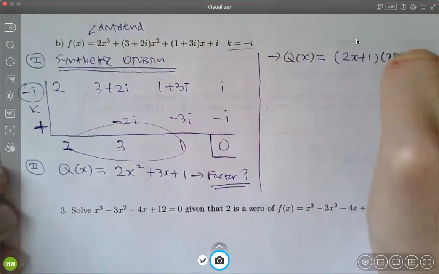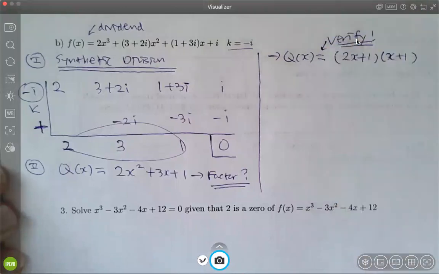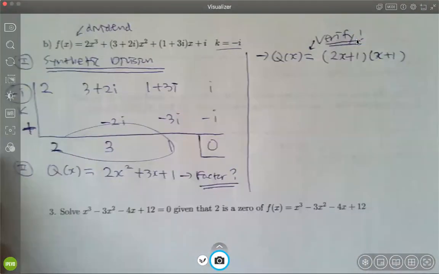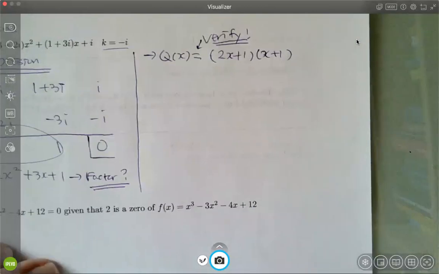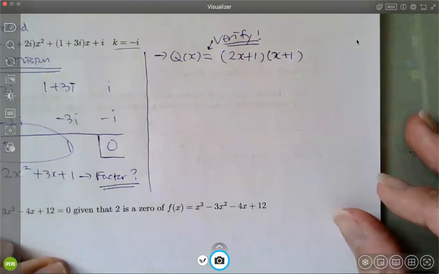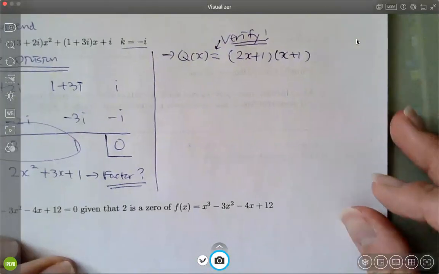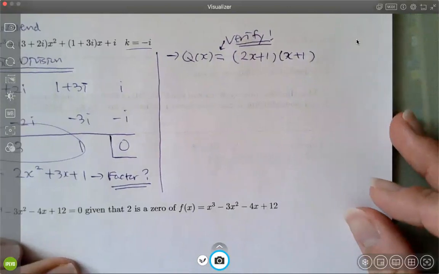I'm not going to go over the factoring method here once again, but you should verify yourself, either using the quadratic formula, the AC method, or the Mustang method, that you indeed get 2x plus 1 times x plus 1 as its factors.